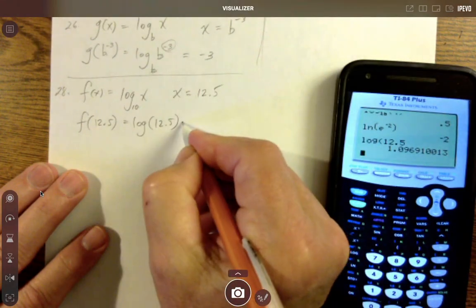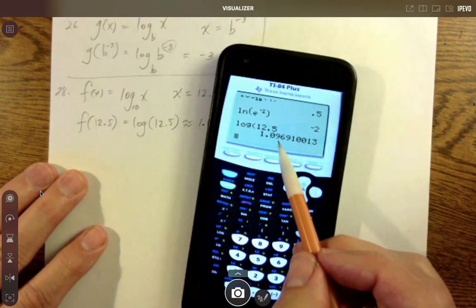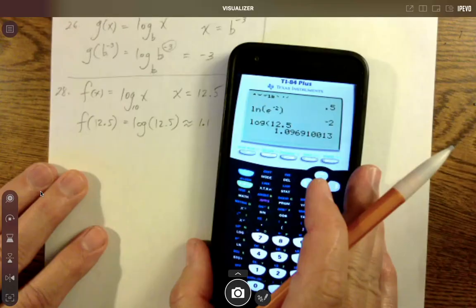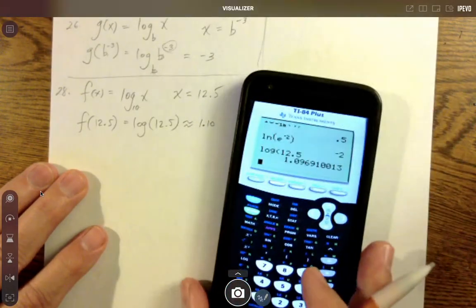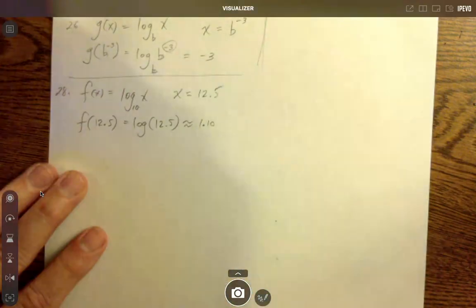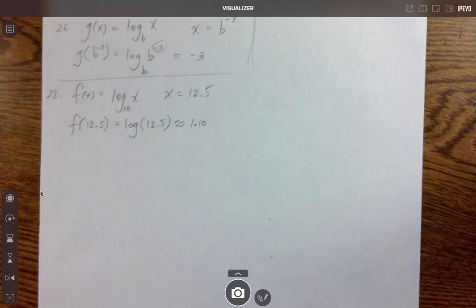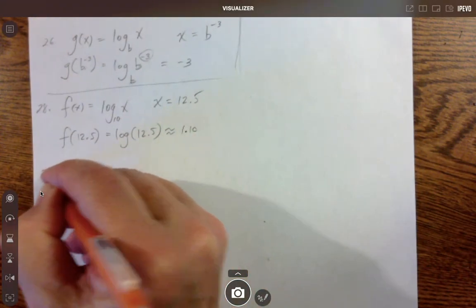It's approximately 1.1 because you're going to have to round that. If you try to round it to the 9, it's just going to round up to a 10. So about 1.1. To 2 decimal places would be 1.10. All right, so that's it. That's all you're doing, getting used to your calculator functions and plugging them in to get an answer.